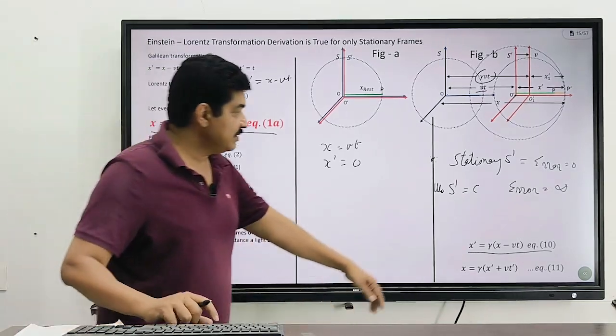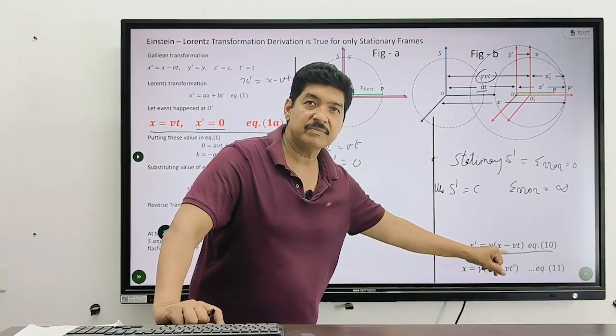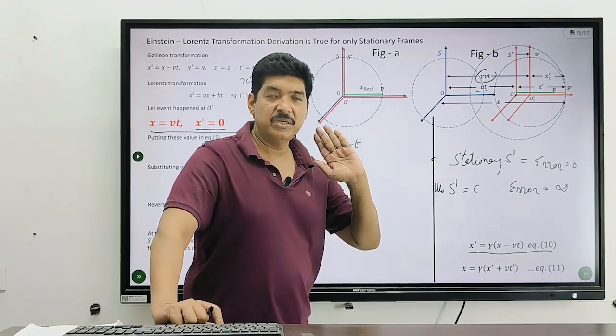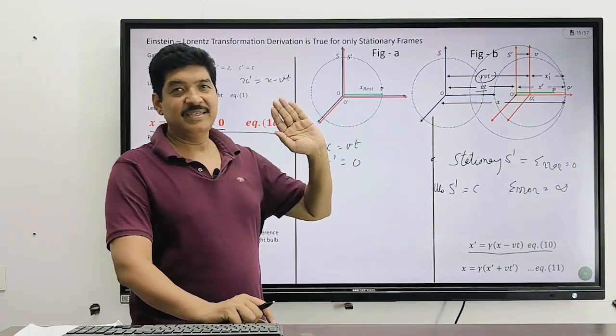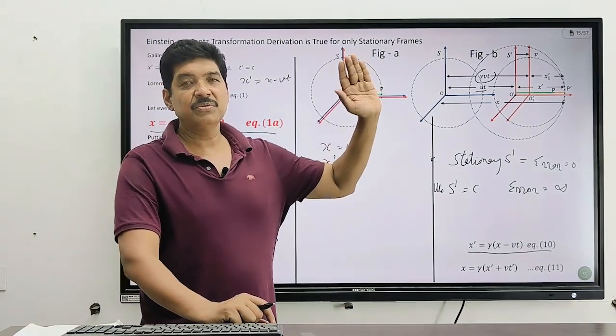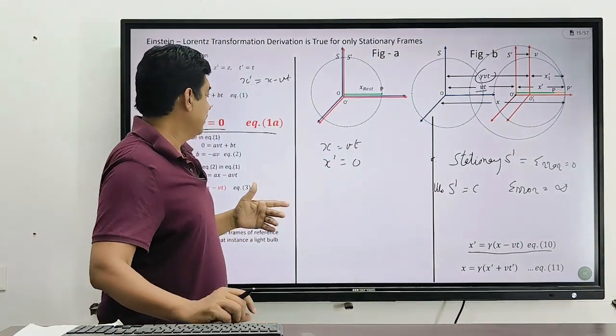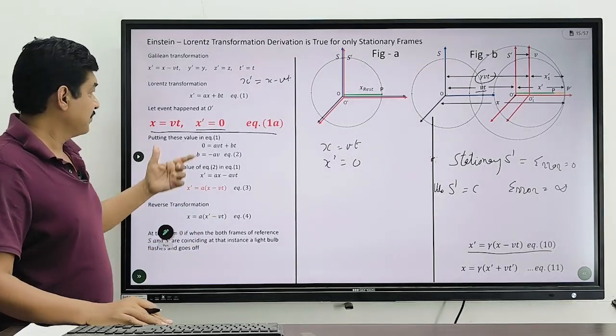So this much error is there in this equation as the moving frame of reference increases its velocity from 0 to c. So this is wrong.